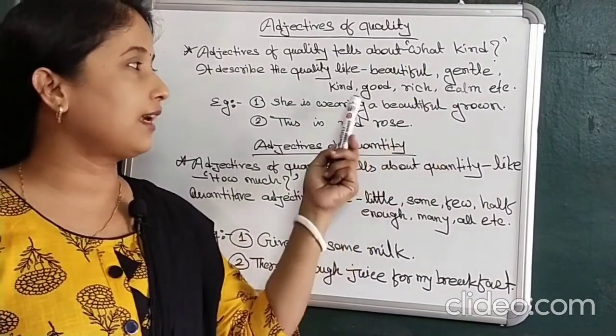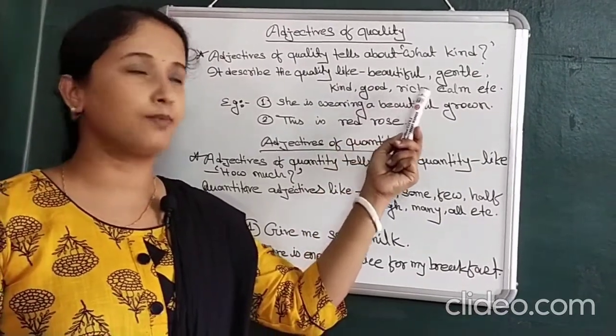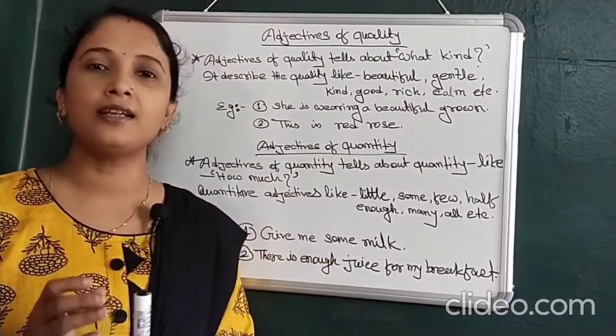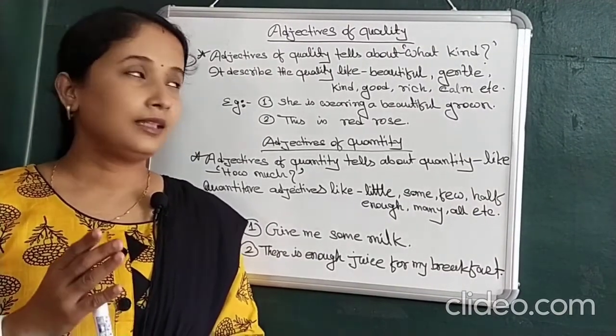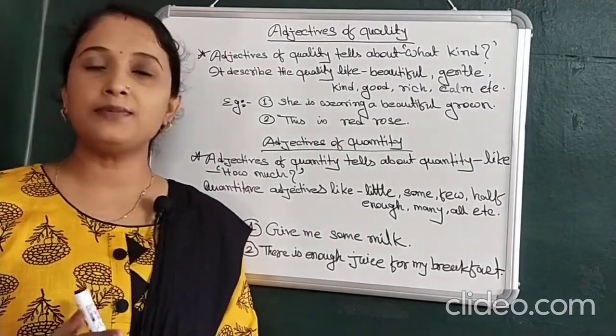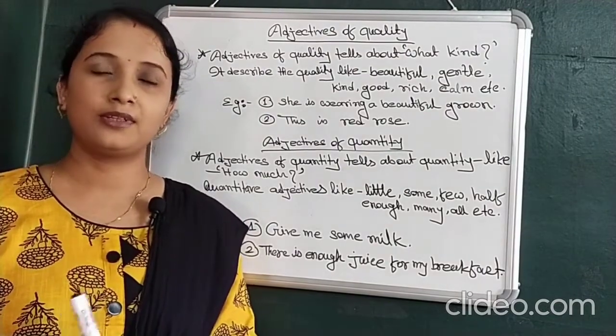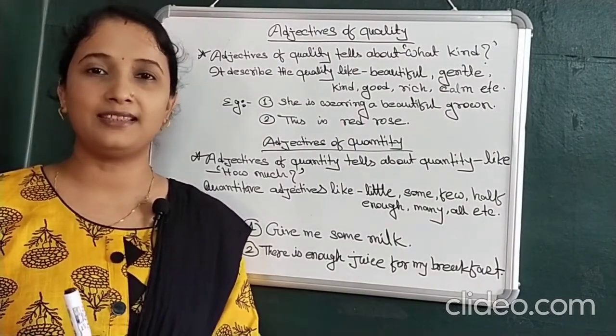Beautiful, gentle, kind, good, rich, poor, calm, etc. are adjectives of quality. So the adjectives which describe the quality of the noun are called adjectives of quality.